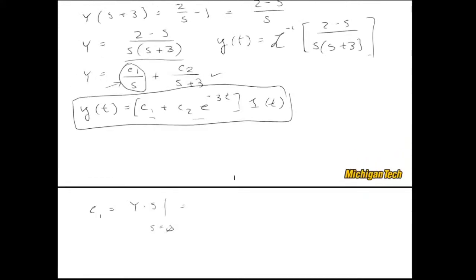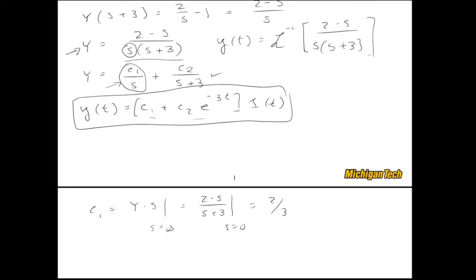So when I multiply Y(s) by s, it cancels this s, and so we get 2 minus s over s plus 3. Let s equal 0, and we get 2/3.